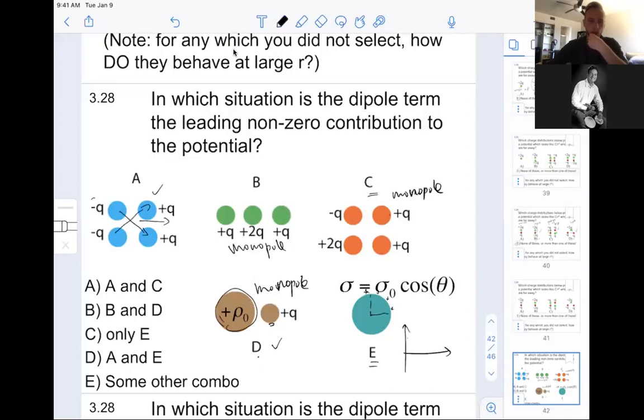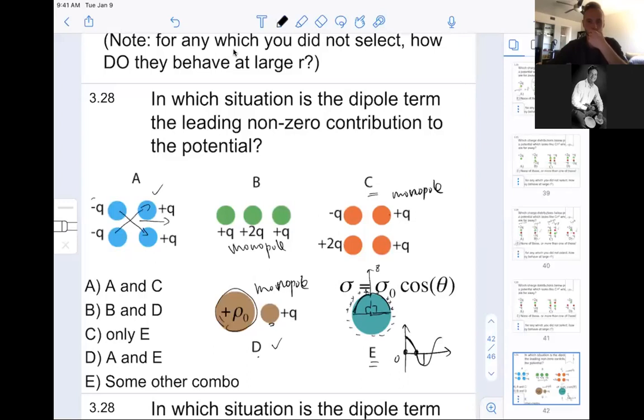Okay, so cosine would be like this. From 0 to pi over 2 positive, from pi over 2 to pi negative, and theta is measured relative to the z axis. So this quarter and this quarter are both pi over 2 from z, so they are both going to be positive. The bottom half is going to be negative.